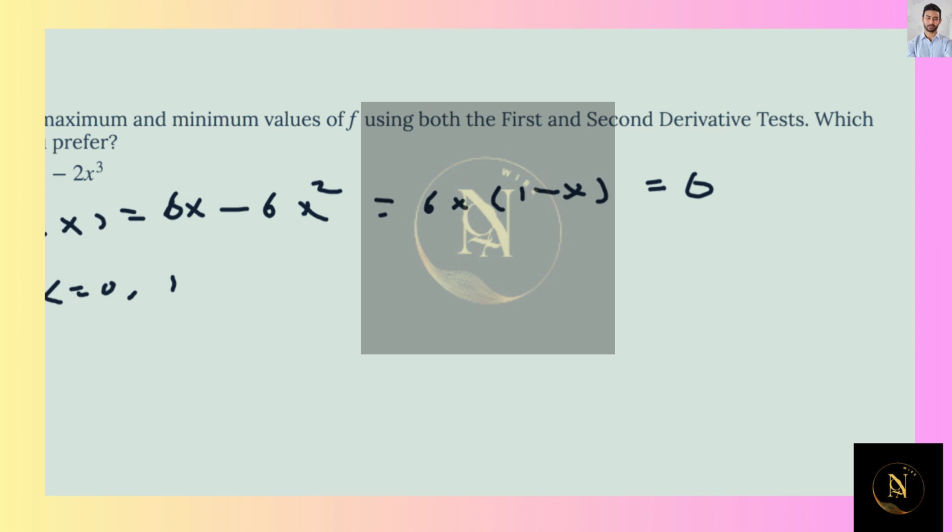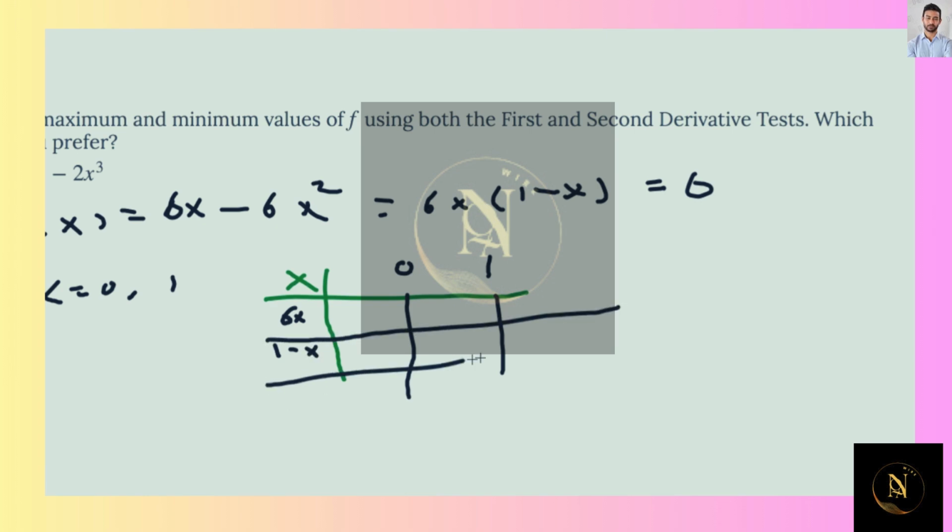Then we create a sign chart to figure out how the function is behaving. So we're going to evaluate it at 0 and 1, and draw a line straight down. And we're going to look at the parts of the function, 6x and 1 minus x.